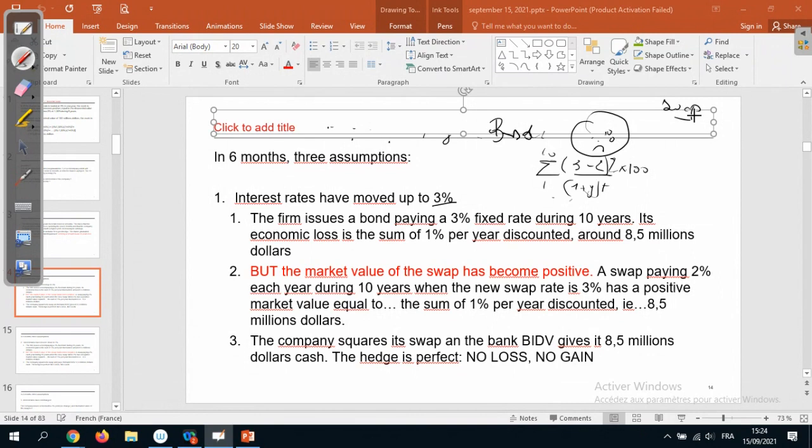But they say, if you want to buy my swap paying 2, as if you don't buy, you will pay 3, please give me immediately the present value of 3 minus 2 discounted from 1 to 10, which is exactly the same thing.